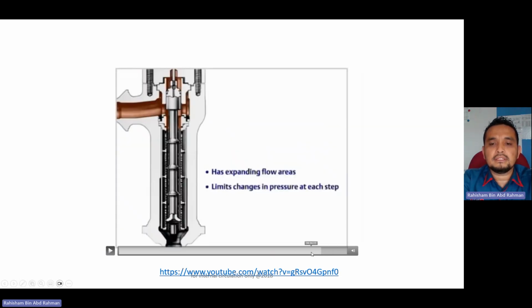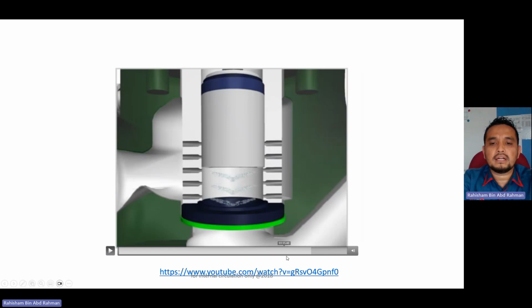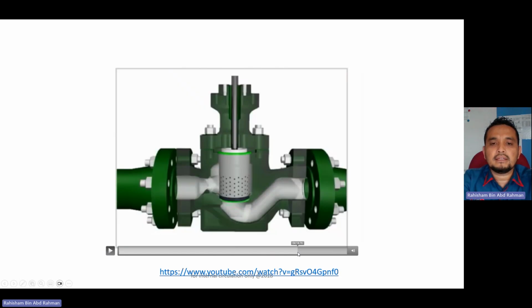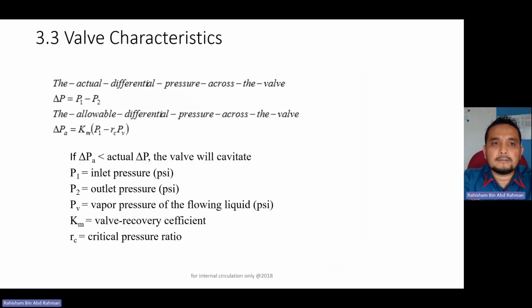These are some technologies used to overcome it. They invented this multiple-opening, multiple-hole design to minimize the pressure. So you can have a look at this video at your end.